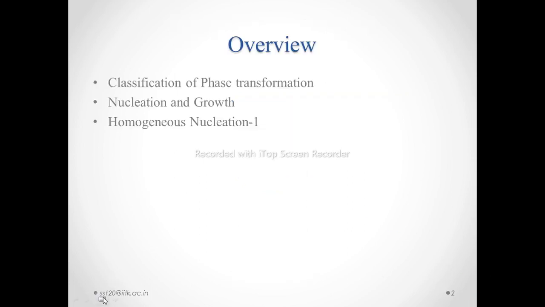Let's begin with our overview of today's lecture. This is a complete overview. We are covering very few topics: first of all, the classification of phase transformation, and then nucleation and growth, an introduction to nucleation and growth. In this one we have two different types of nucleation, homogeneous nucleation and heterogeneous nucleation.